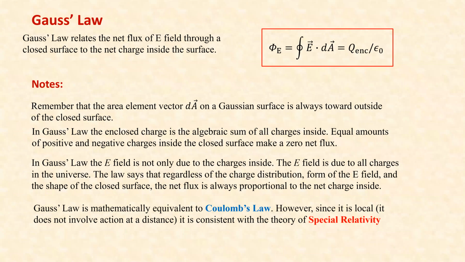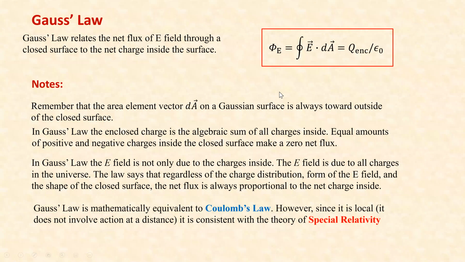And then Gauss law says that this flux of electric field going out of any closed surface is equal to the charge inside, the net charge inside the surface divided by epsilon naught. This is Gauss law.